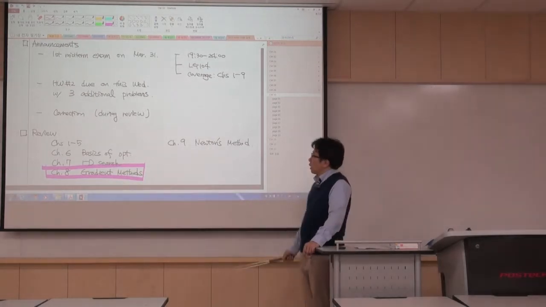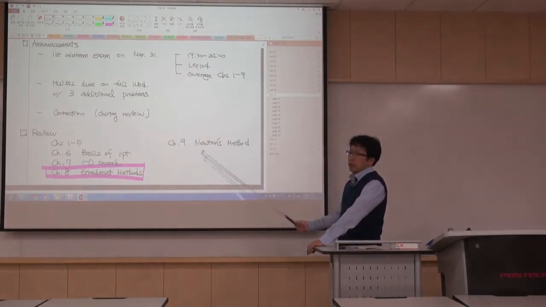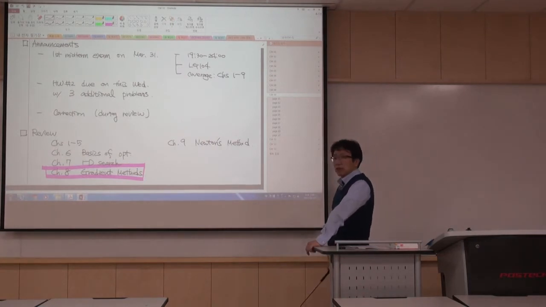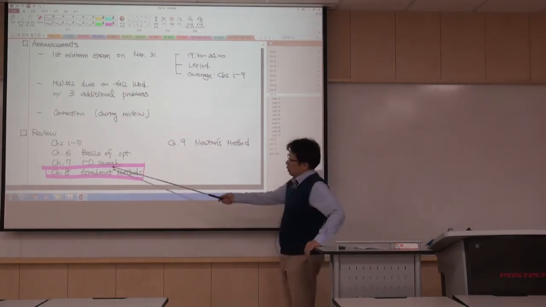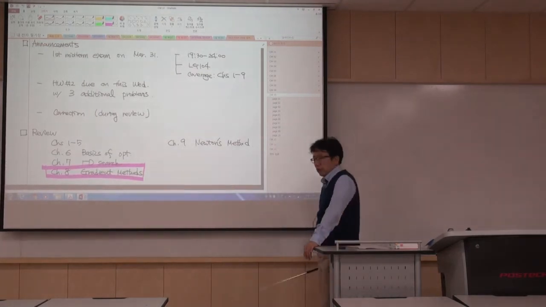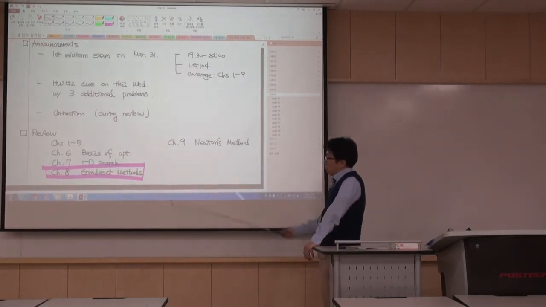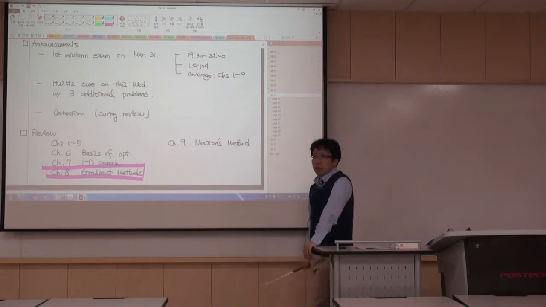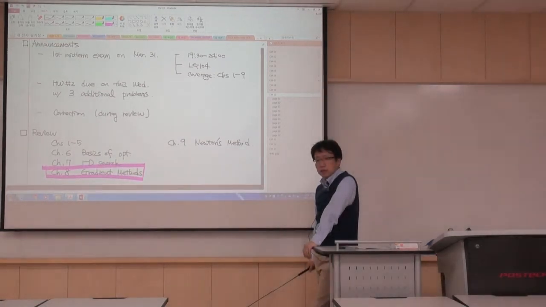By the way, the next chapter is on Newton's method, and you may say, wait a minute, in addition to bisection, golden section, and Fibonacci, we studied Newton's method of tangents and Newton's method of secants.